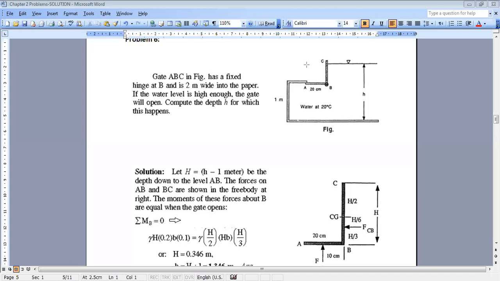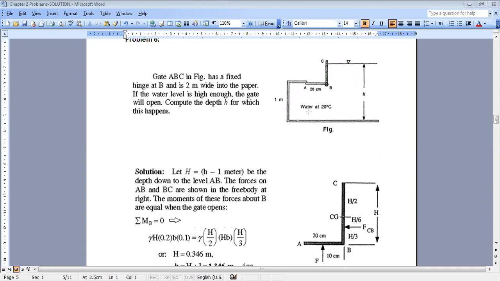I want to determine for which condition it will start to rotate. So in order to open it, the sum of moments should be positive in the counterclockwise direction. So the critical height corresponds to the sum of moments equal to 0, okay?